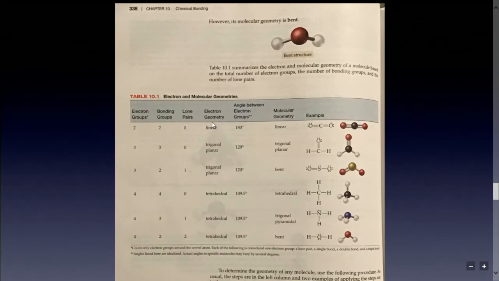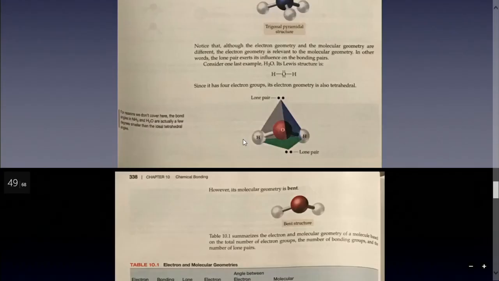But some of them, you only have so many electron groups. Everything, a lone pair or an atom, both count as electron groups. But lone pairs are different than bonding groups. Basically, the bonding groups and the lone pairs should always add up to how many electron groups you have. Okay, so we look at water again.